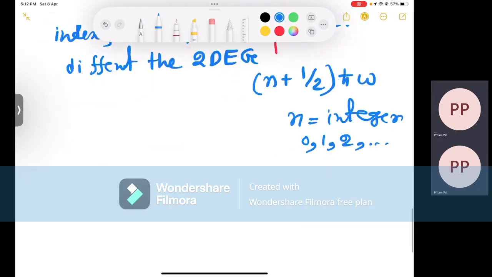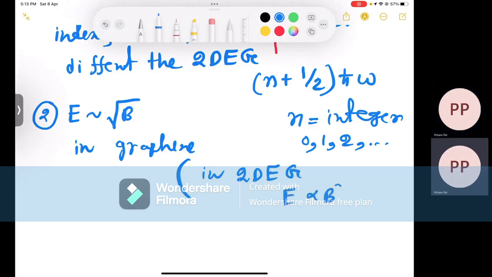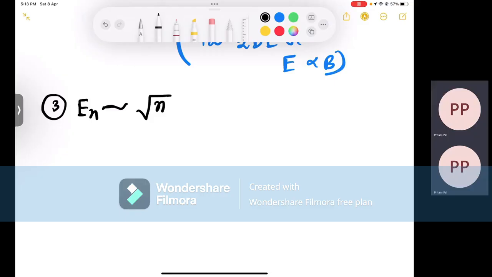Then the second one is the energy. It is proportional to the square root of B in graphene, whereas in 2D it's proportional to B. And the other one is root n, where n is the Landau level index.